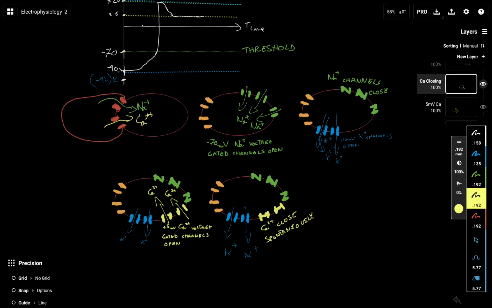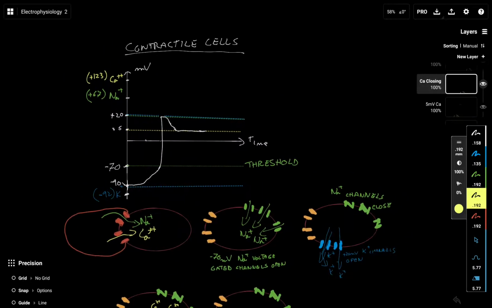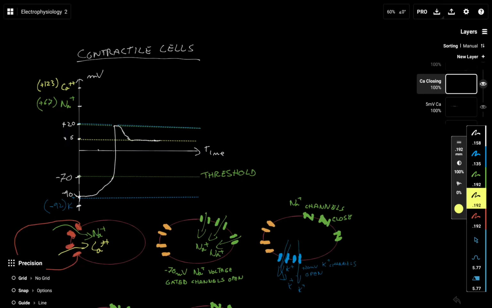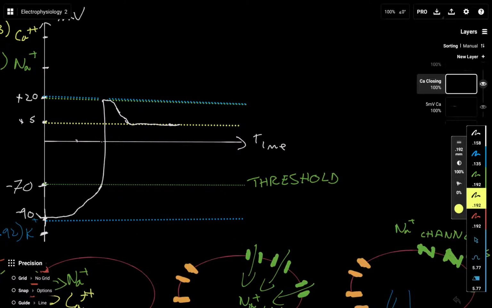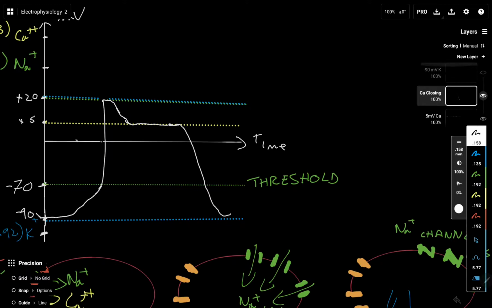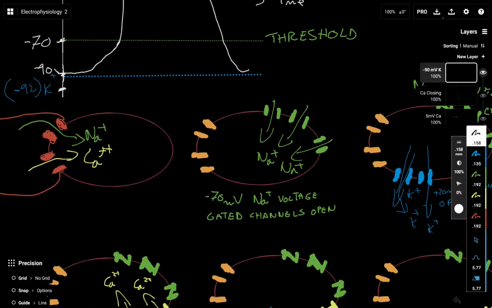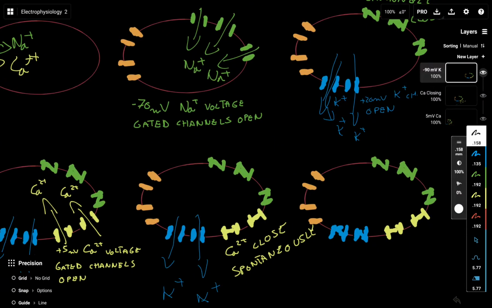So what's going to happen to my action potential? Well, you will have guessed it. If I have no positive charges going in, but I'm losing loads of positive charges, this is going to start going down again, until I finally reach my minus 90, where my potassium channels will close up.